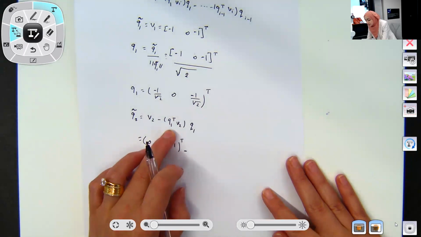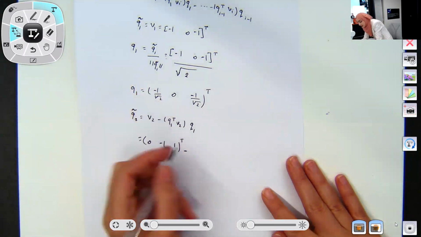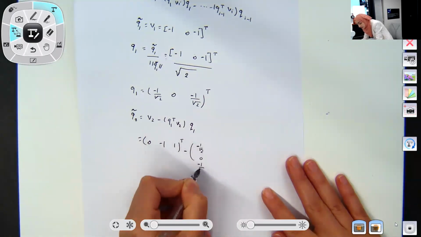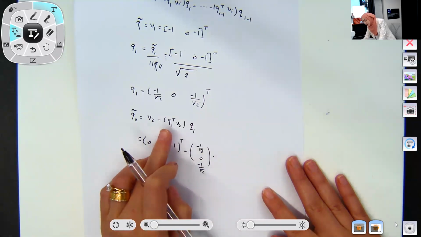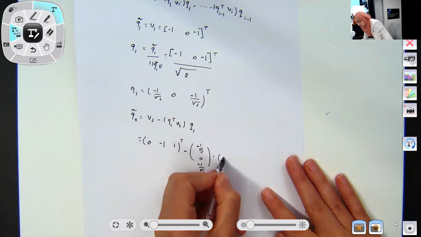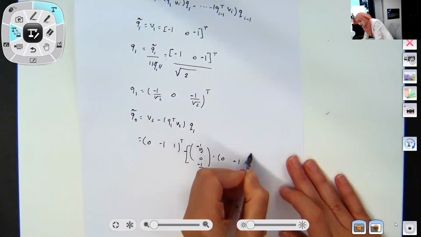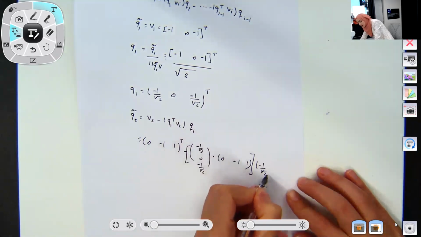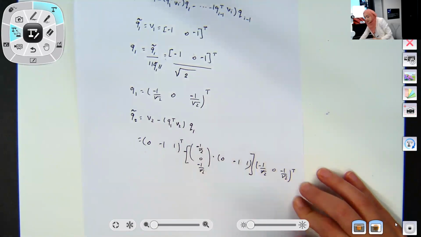Q1 transpose is calculated here, which equals minus 1 over square root of 2, 0, and minus 1 over square root of 2. This multiplies with V2, which is 0, minus 1, and 1, and all of this multiplies with Q1, which equals minus 1 over square root of 2, 0, minus 1 over square root of 2 transpose.